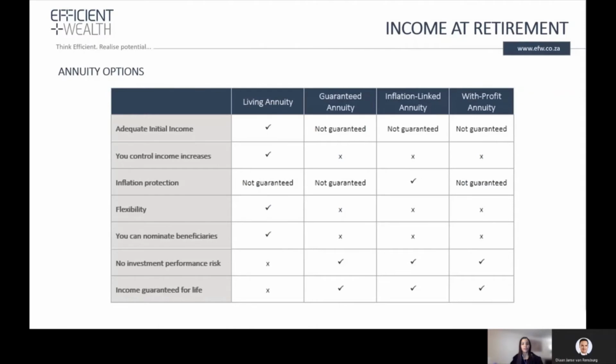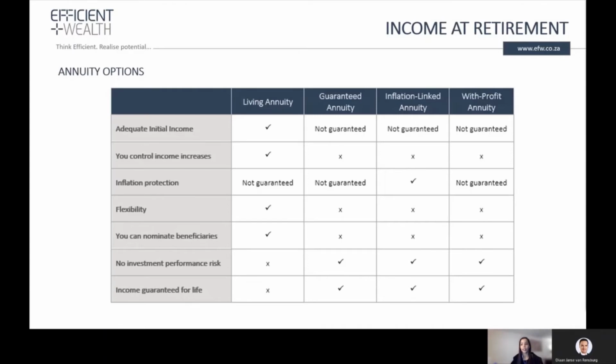At Efficient, we also have different annuity options, and this would obviously depend on the client's circumstances and their lifestyle. So there's a living annuity and a life annuity. So let's start with the life annuity. With a life annuity, your monthly income will depend on the life insurer's rate.